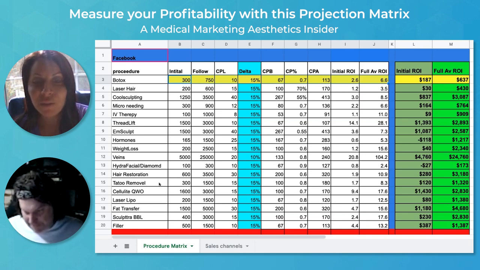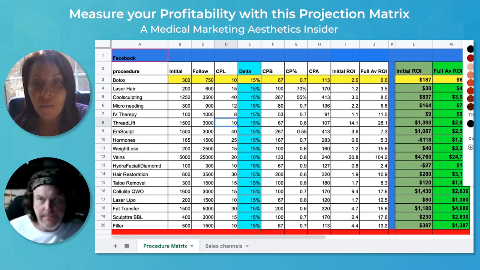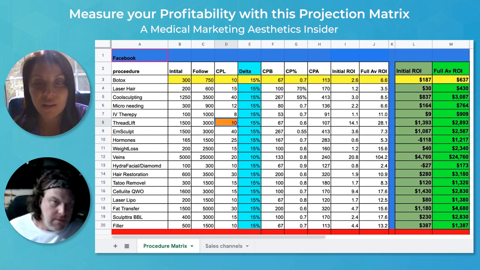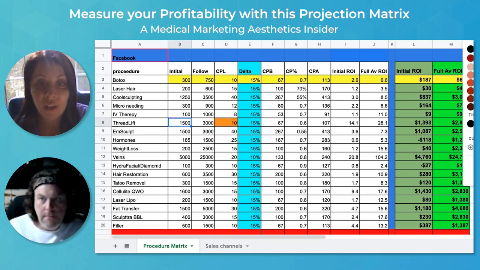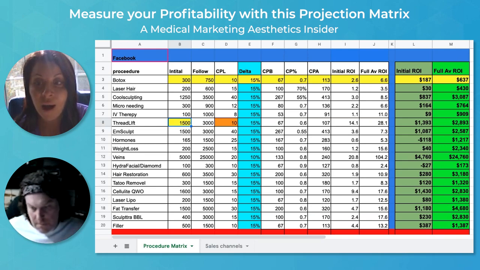So thread lift is one of my favorite ads these days because the cost per lead is so low with such a great ROI. The starting price for thread lift is $1,500 on the low end. So even if you're not upselling patients, the ROI is still amazingly good.